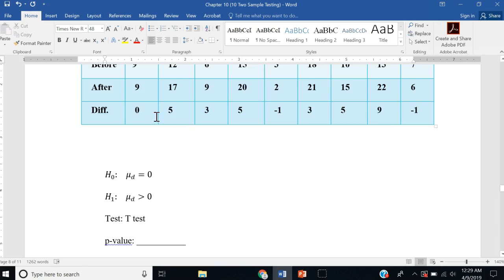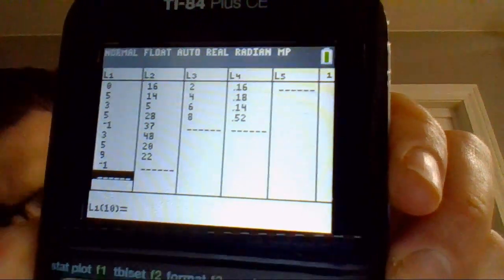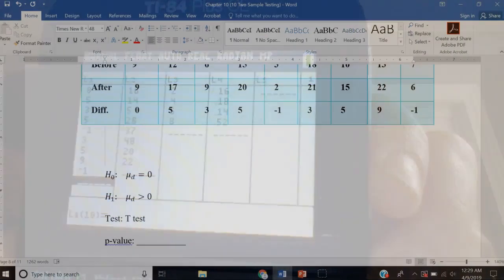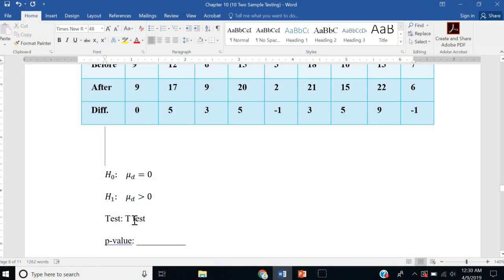So it's going to go 0, 5, 3, 5, negative 1, 3, 5, 9, negative 1. All right. Again, the only thing I'm putting into my calculator is, in fact, the differences. Let me show you that real quick. Into list 1 goes the differences. Okay? And you do need to have your negatives when you need that.